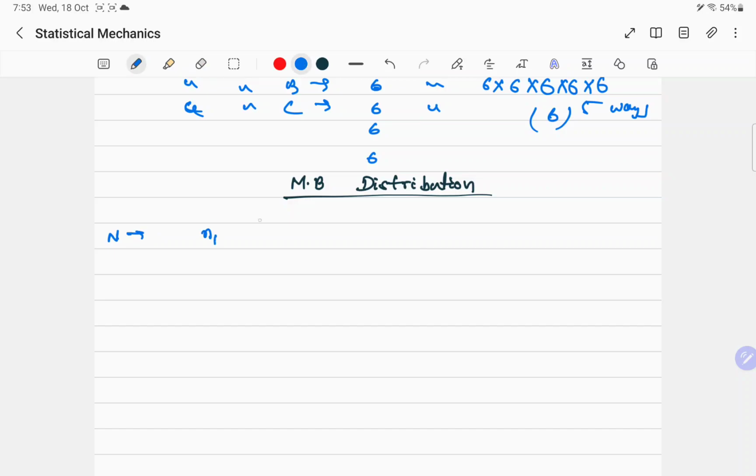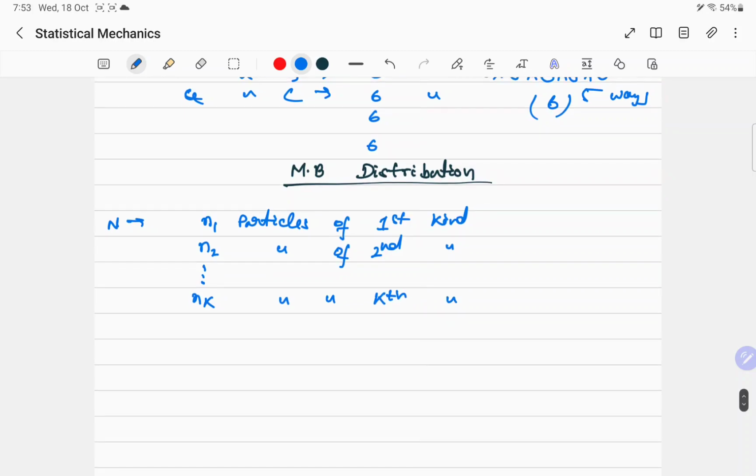So there are n1 particles of the first kind, n2 particles of the second kind, and similarly there are, let's say, nk particles of the kth kind.